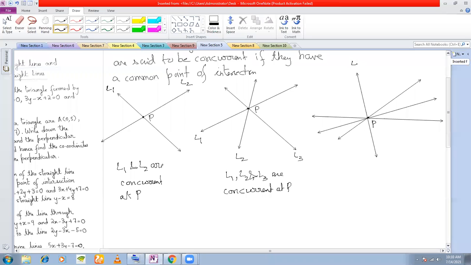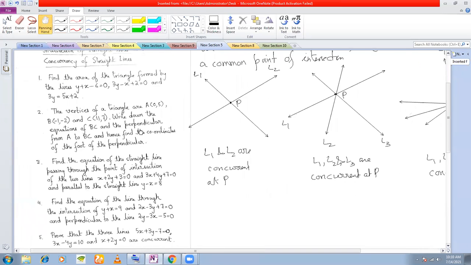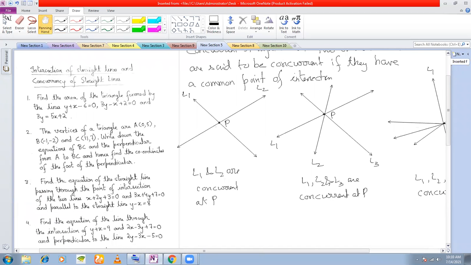Let us call them L1, L2, L3, L4. So L1, L2, L3 and L4 are concurrent at P. Fine. So you can have any number of straight lines that are concurrent. Okay. So once we know the definition of concurrency, we shall move on to the problems on concurrency.